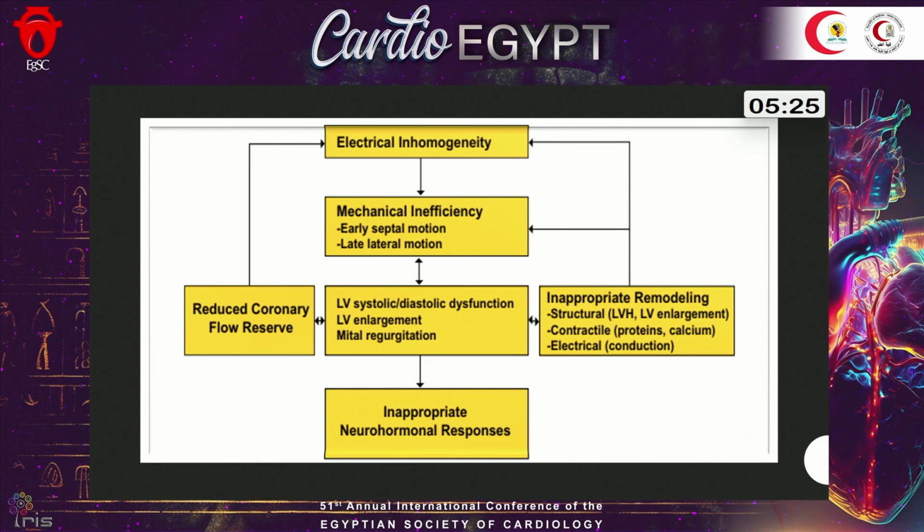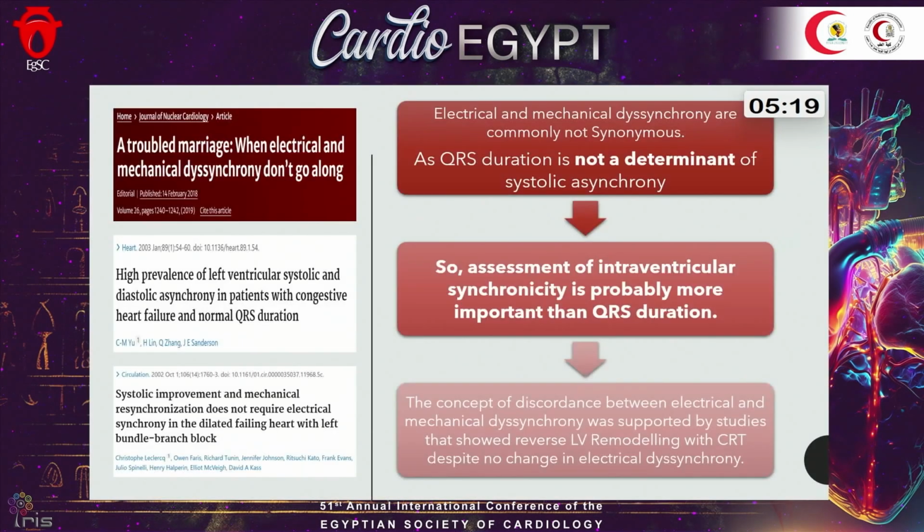This is the algorithm for pathogenesis of electrical and mechanical dyssynchrony. Do all patients with electrical dyssynchrony have mechanical dyssynchrony? No. There is discordance between electrical and mechanical dyssynchrony. So assessment of intraventricular synchronicity is probably more important than QRS duration.